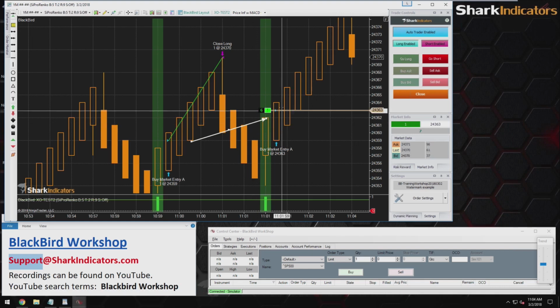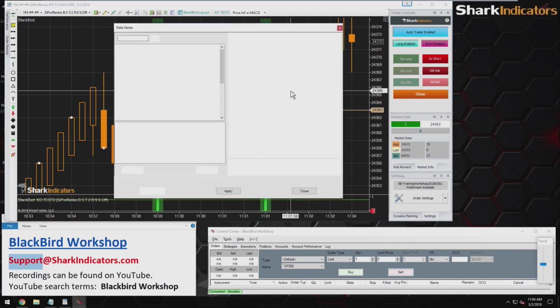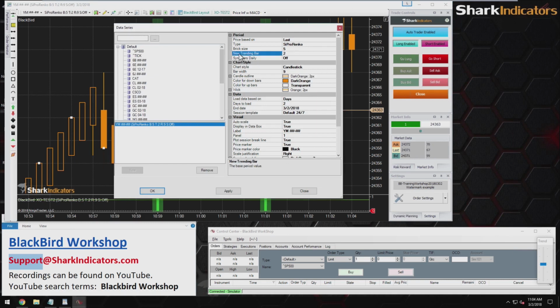Actually, the settings that I have here. If we look at the settings up here, I'll just open up the window. If you notice the new trending bar, I have it set to 2 ticks.